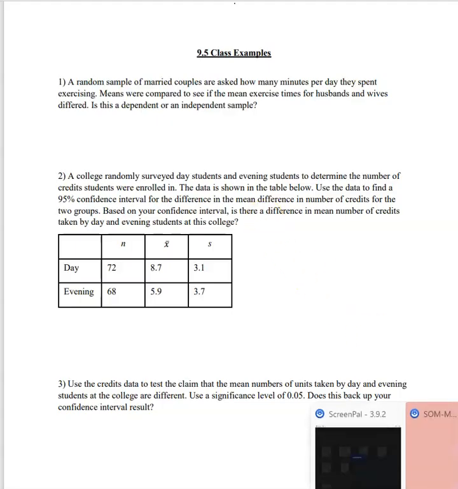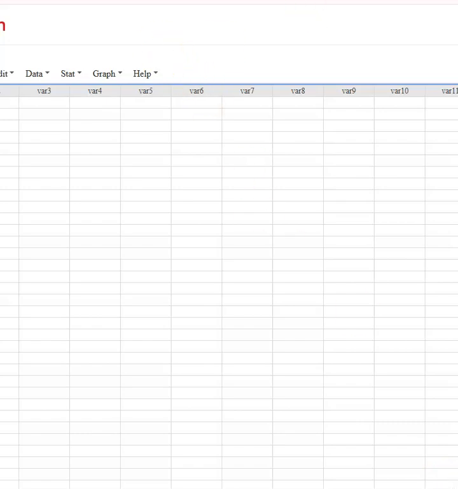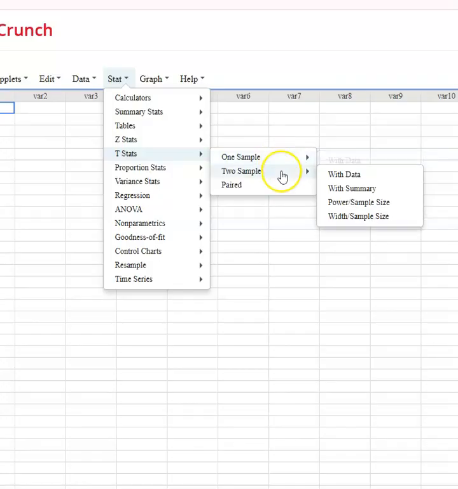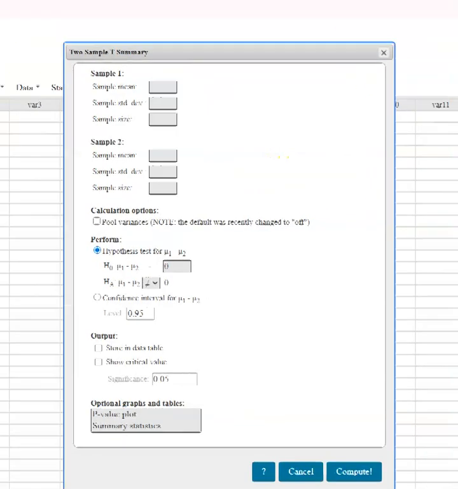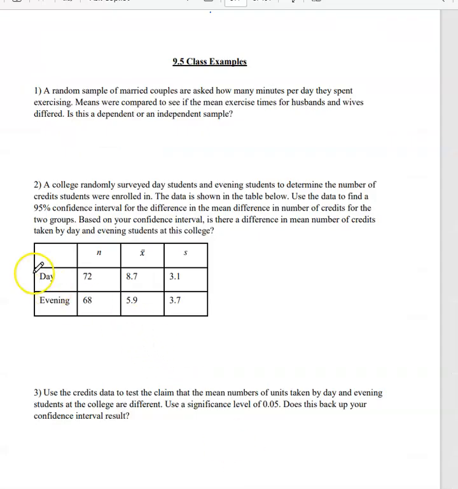So let's go ahead and look at what this looks like in StatCrunch. I'm going to go to T-Stats, 2 sample this time with summary because I'm putting the numbers in myself. All right, so if you're looking at the table, notice we've got day, we'll call that sample 1, and then evening, we'll call that sample 2.